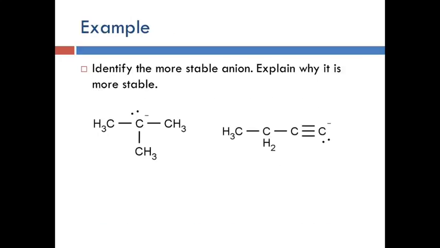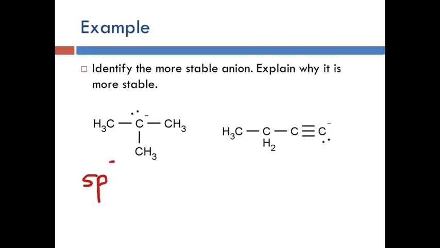Here's an example. Let's identify the more stable anion and explain. What are we looking for? Atom, resonance, induction, all the same. We're looking at orbitals. What's the hybridization of this carbon atom? There's the lone pair and 3 carbons. That's 4 groups, sp3, right?